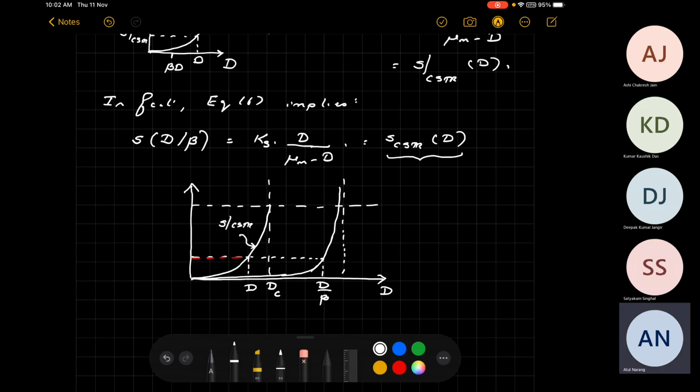In particular, what is washout? Washout in a chemostat is when the concentration reaches the feed concentration. So if S in a CSTR reaches SF at D sub C, then it will reach S equal to SF at D sub C over beta. So you have pushed the washout dilution rate also by a factor of 1 over beta.